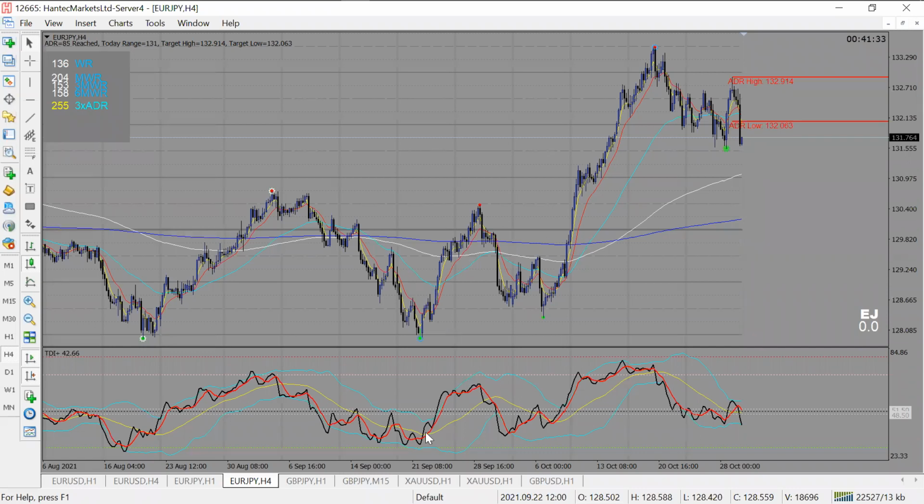All right. So the TDI, we have the volatility band, we have the RSI, we have the signal line, we have the market baseline.